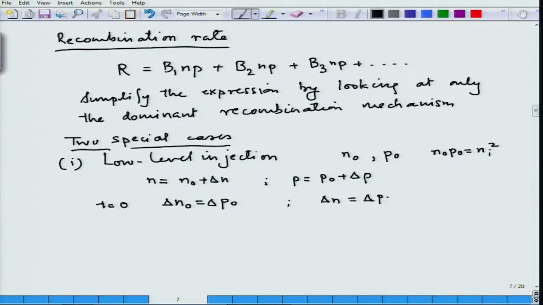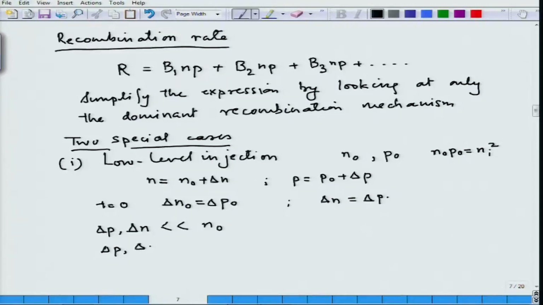If there is no other process taking place, there is no losing of carriers by another means, then this should always be true. So, low level injection basically means that the excess carriers which are generated at any time, the maximum being at T equal to 0, delta N or delta P, is always less than the majority carrier concentration.